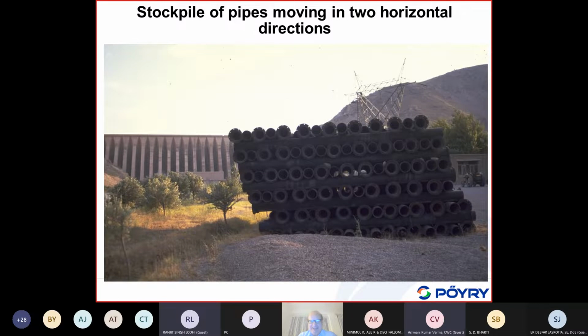The only instrumental data, if I may say it like that, is based on these pipes. This is the location of the epicenter, what people said is basically the epicenter. There was this heap of pipes, and during this strong ground shaking, it moved in this direction, and it moved perpendicular to that, because they rolled to this side and out of plane here.